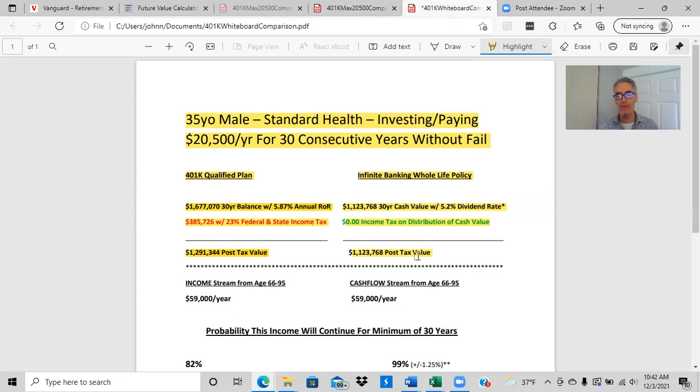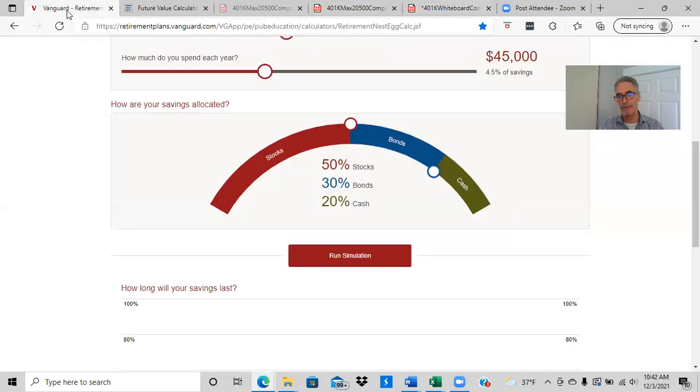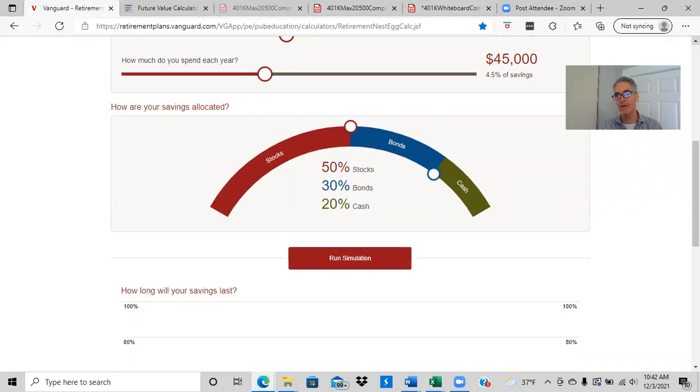And then what I tried to do was go back to this illustration and stream out $59,000 a year out of each one of these accounts, so to speak. This being an account, this being a policy, we're going to project $59,000 a year. Now, I want to bounce to this Vanguard nest egg retirement calculator that I showed in my previous part 1 video.